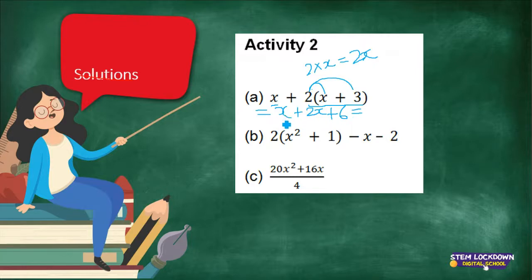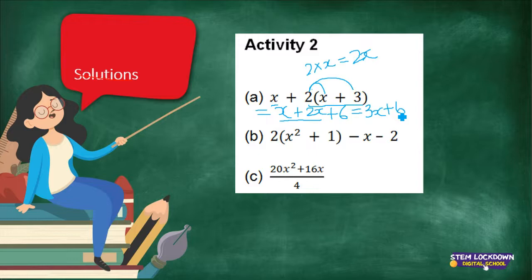You can see two like terms, so they must be added. x plus 2x: you have 1 apple plus 2 apples, you have 3 apples. So x plus 2x is 3x, plus 6. That one was nice and simple.